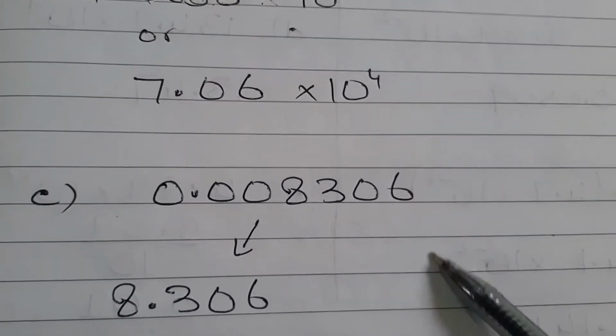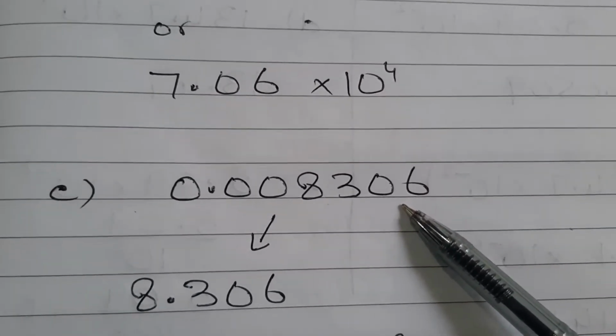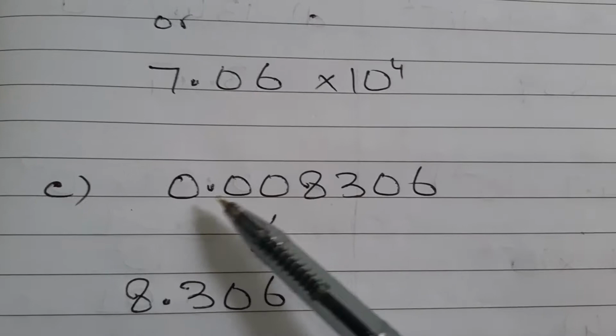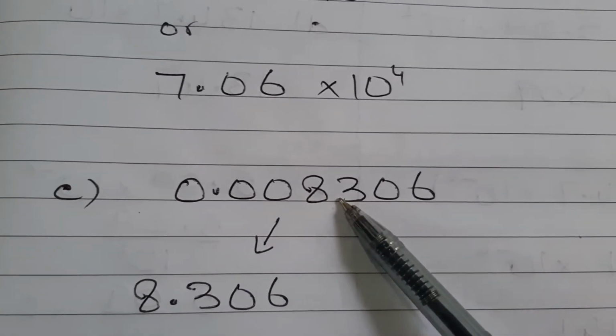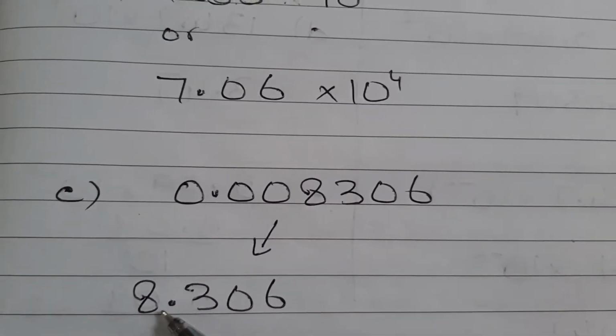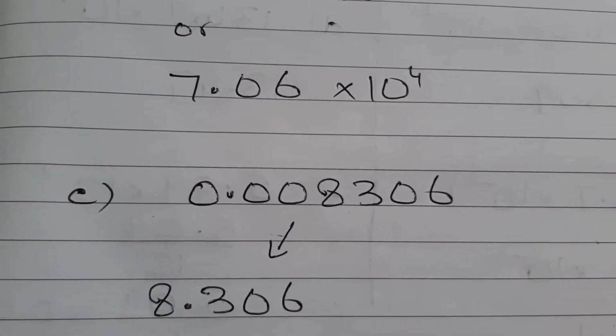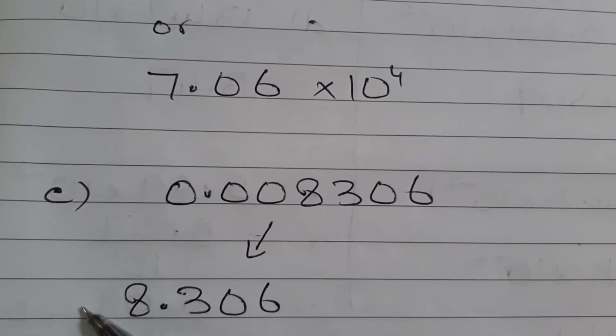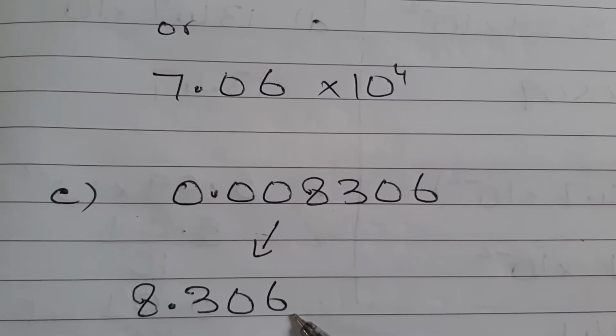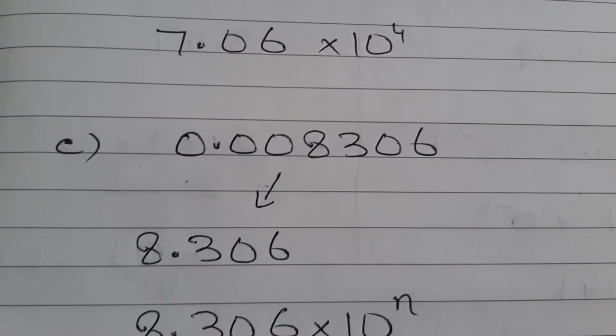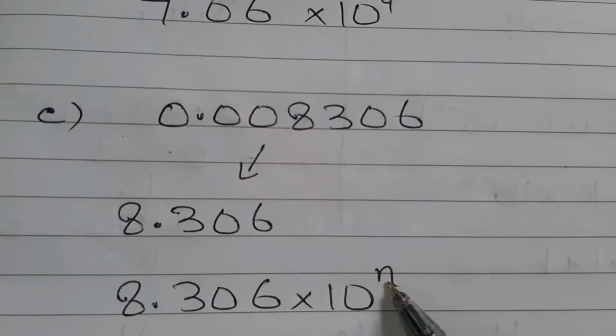Now this is the ordinary number and I want to change it into standard form. It means this decimal should come here so that I can read it as 8.306, and this number is between 1 and 10, less than 10 and more than 1. Now this should definitely be multiplied by 10 to the power some integer.